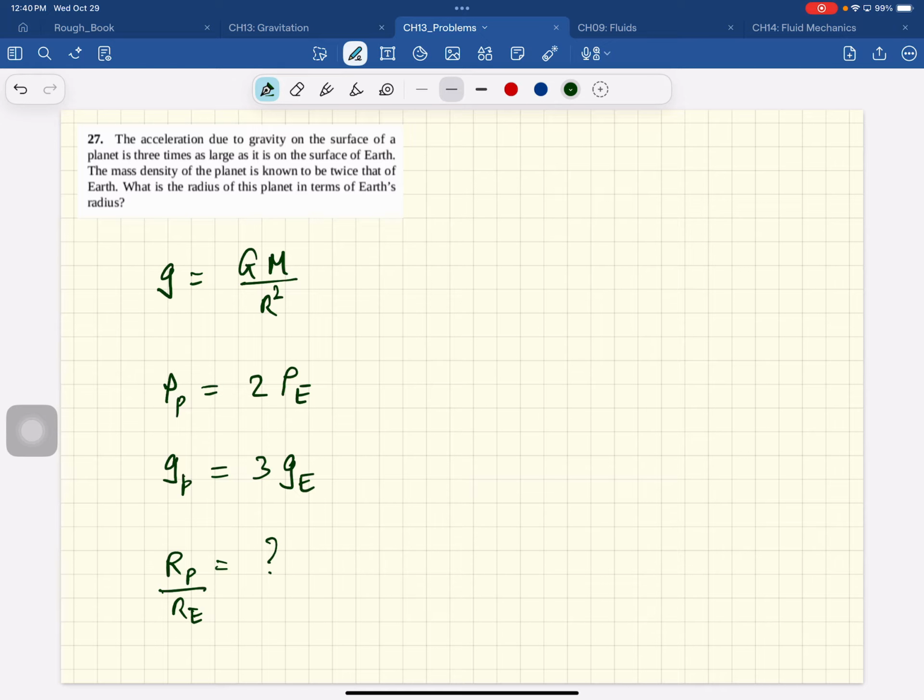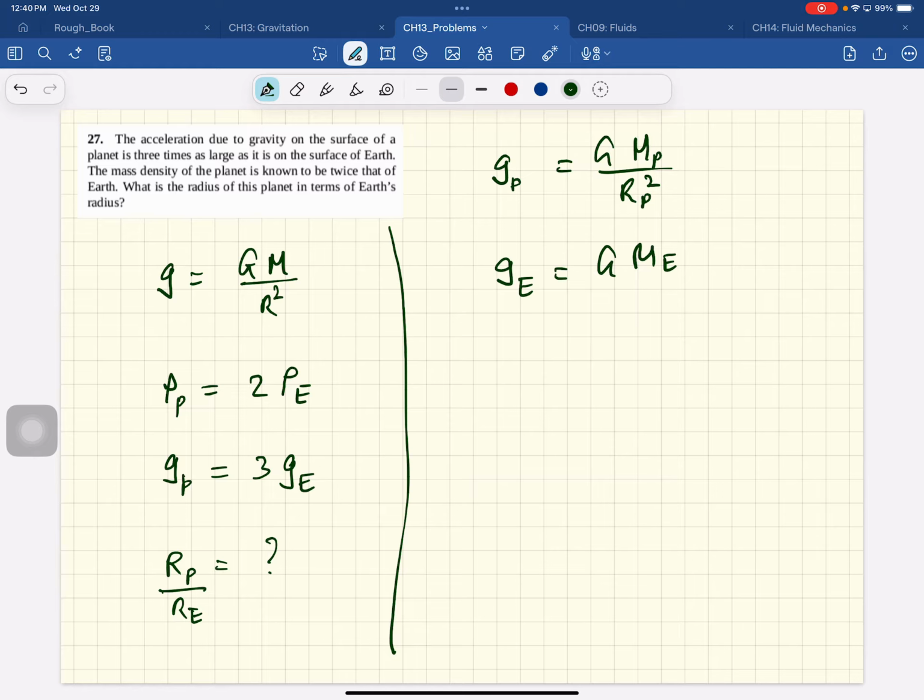All right, so let's start substituting everything. g on the planet is equal to G mass of the planet divided by radius of the planet squared. g on Earth is G mass of Earth divided by radius of Earth squared.